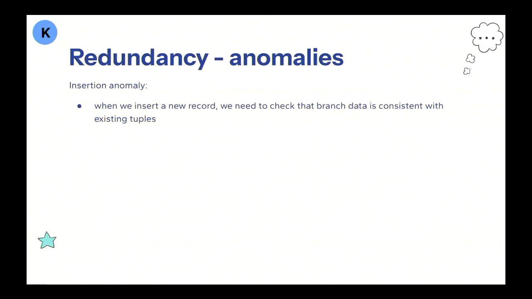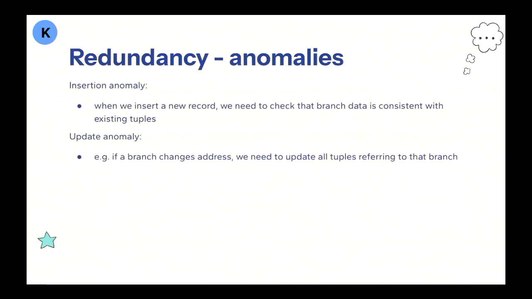So in our previous example, we could encounter insertion anomaly if we don't handle them properly. And redundancy could also cause update anomaly. So in this example, if a branch changes address, we need to update all the tuples referring to that branch, and there could be a lot.